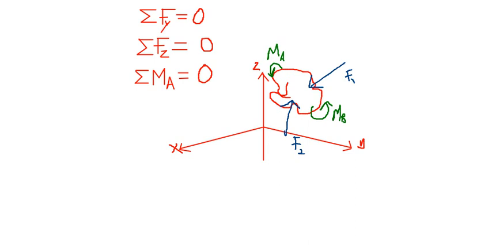Okay, let's start with the moments, which is easier. Let's choose any arbitrary point on the body. We'll choose this point. If we take the moment sum about this point, we should get 0 if the body is in equilibrium.